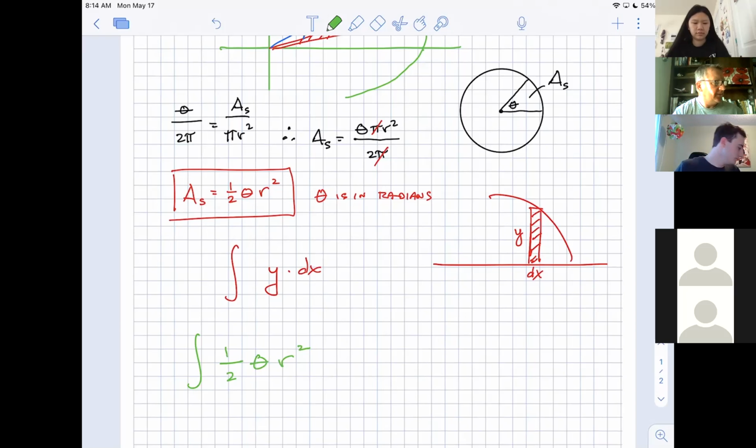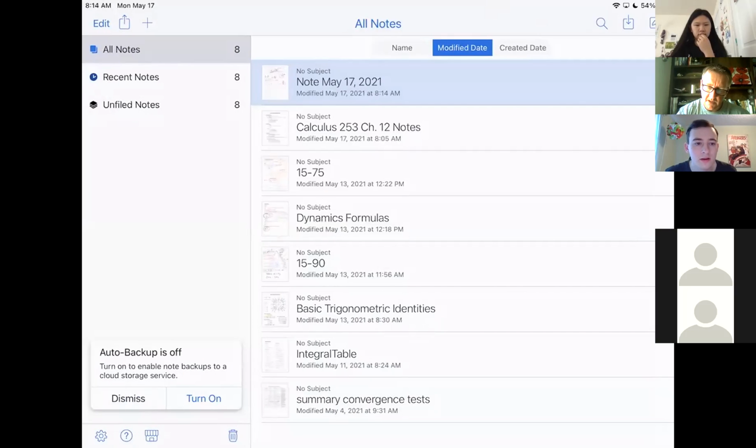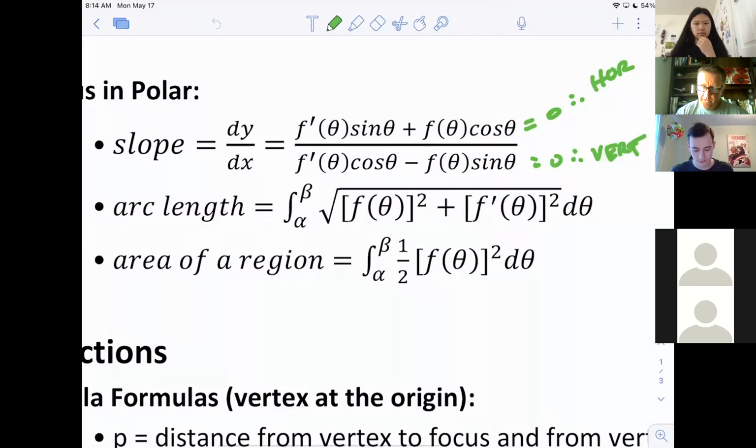What's wrong with this formula if this is an integral? Take a look at that formula for a second. Let's go back and look at the note sheet that I gave you. Why?